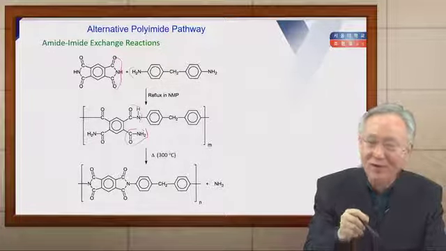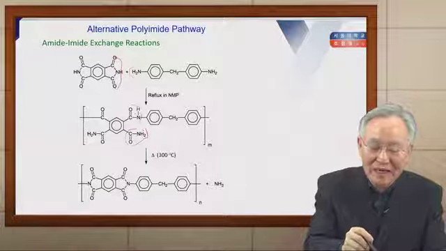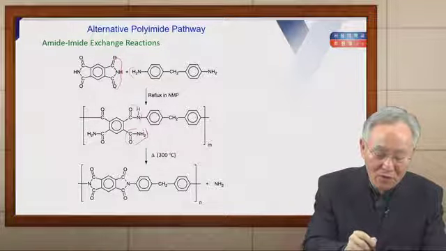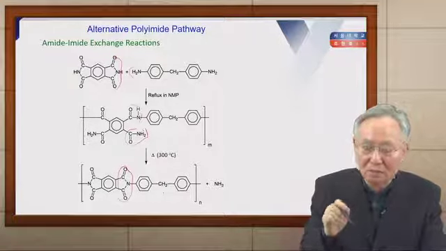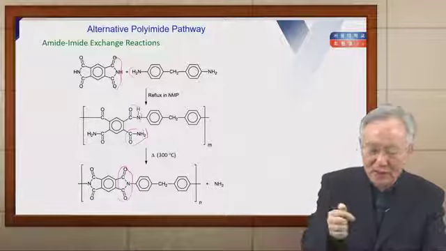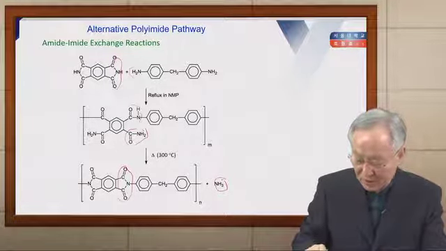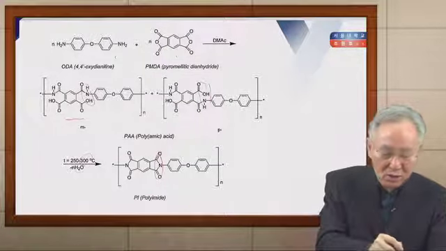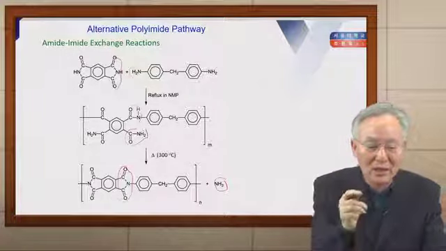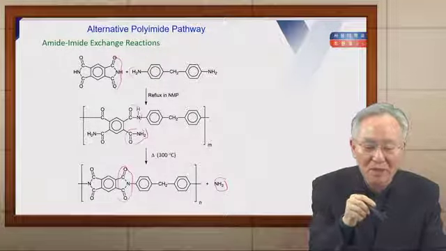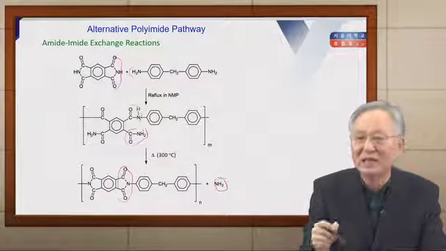And then if you further increase the reaction temperature up to 300 degrees centigrade, this amic amide is cyclized to form imide groups. This is a polyimide. This is another pathway to prepare polyimide. In the previous case, water is removed, but in the amide-imide exchange reaction, ammonia gas is evolved.